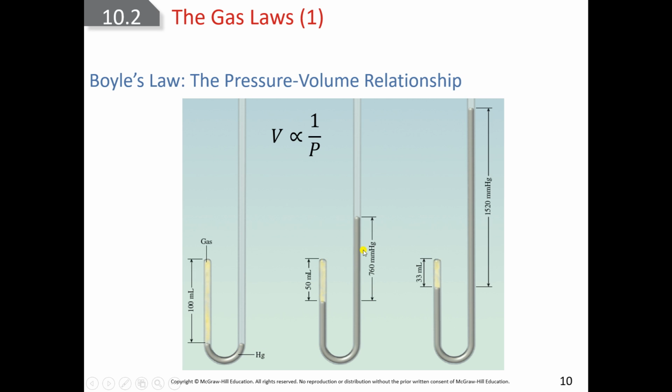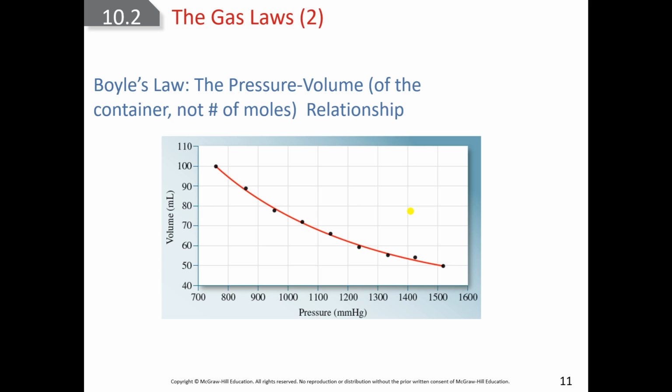When you push it more with a stronger force, you have a higher pressure, you get a compression of the volume. And again, even more pressure here, you get an even smaller volume. So there's an indirect relationship between volume and pressure.